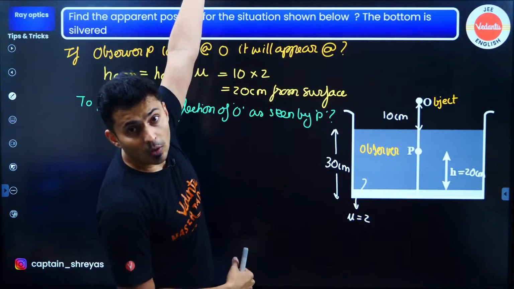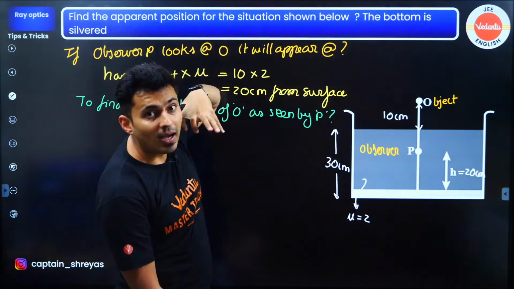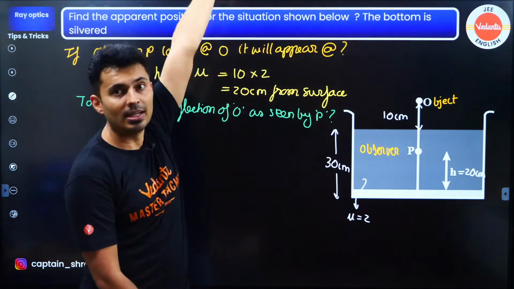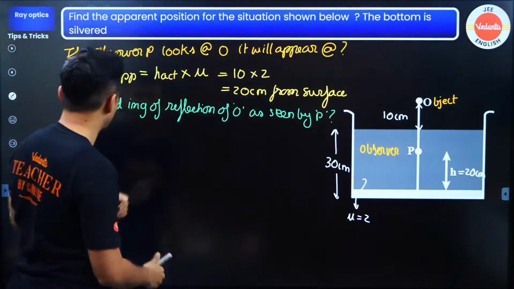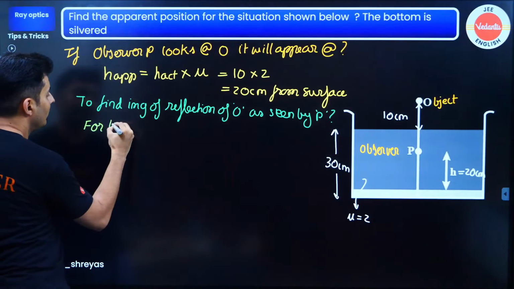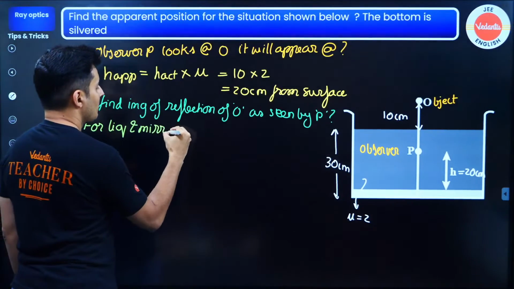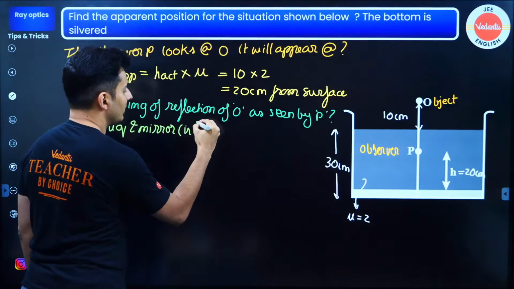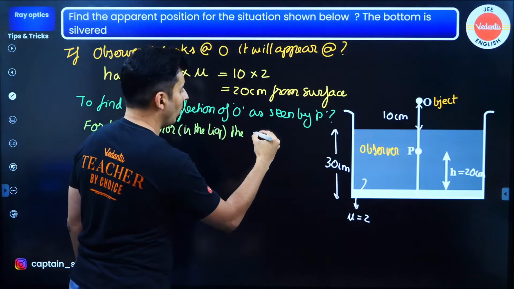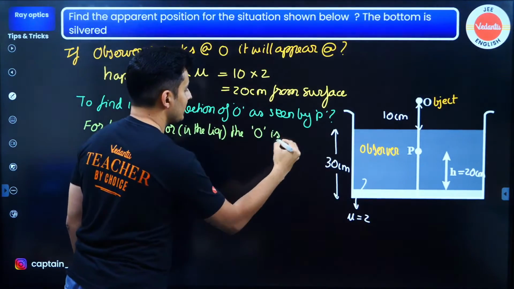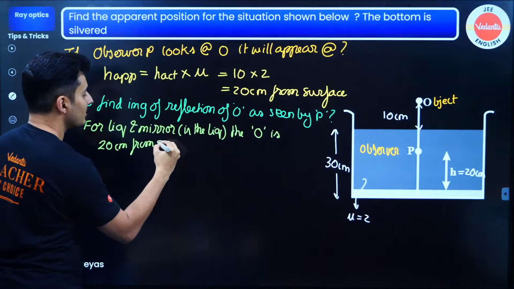When you look at that object inside the liquid, that object is on the top, the object appears to be at 20 centimeters inside the water. So for the water or for the liquid and the mirror which is also in the same liquid, the point O is basically 20 centimeters from the surface.